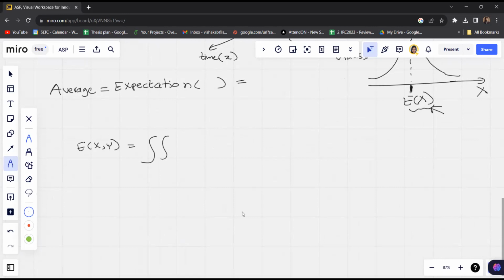Here we have two integrals, and the x and y could have a certain relationship between them.